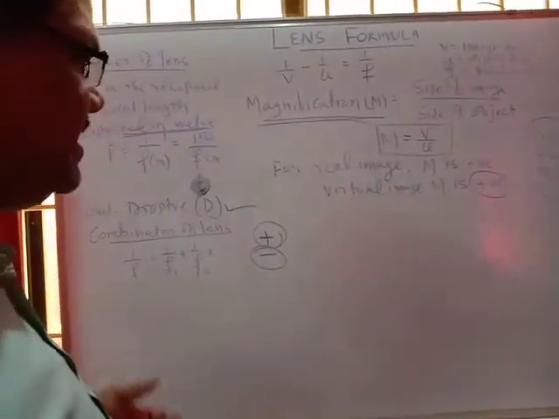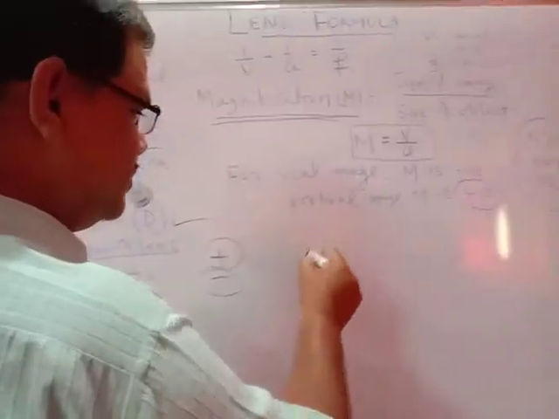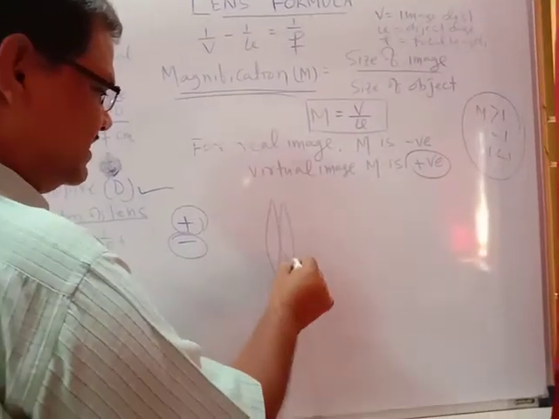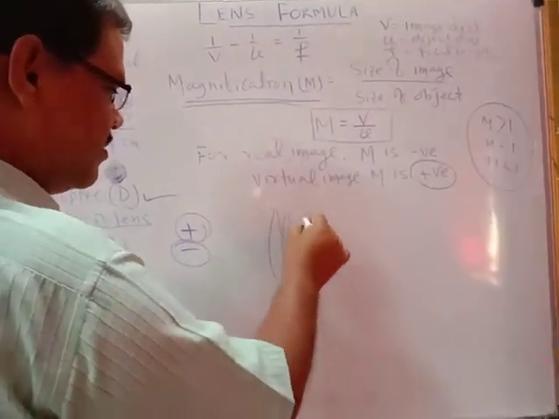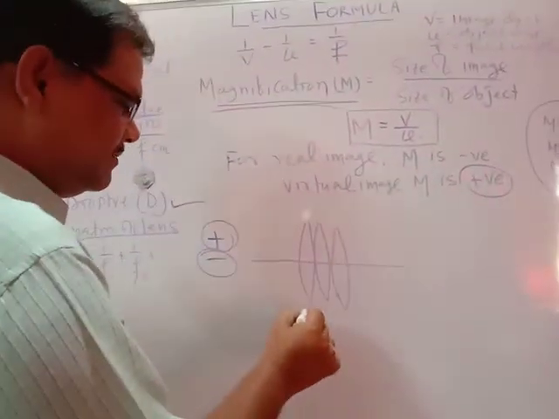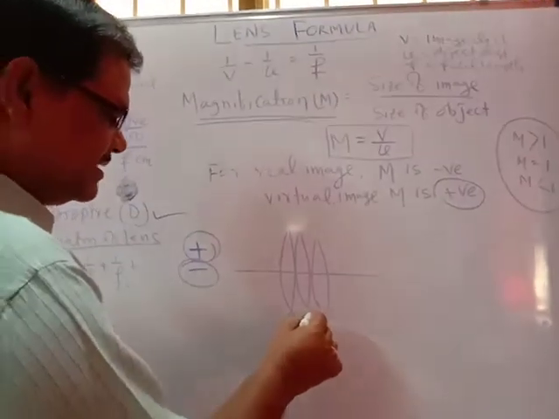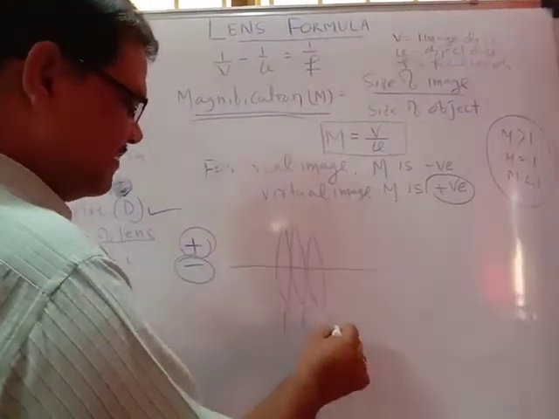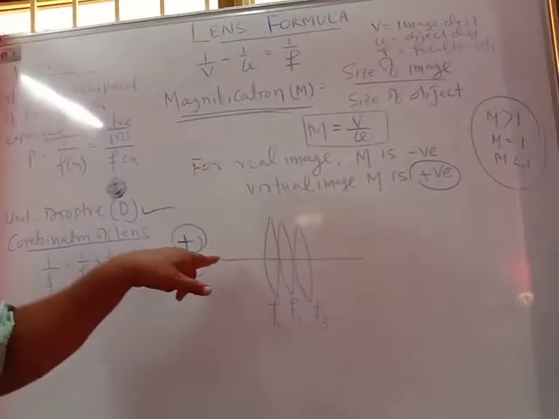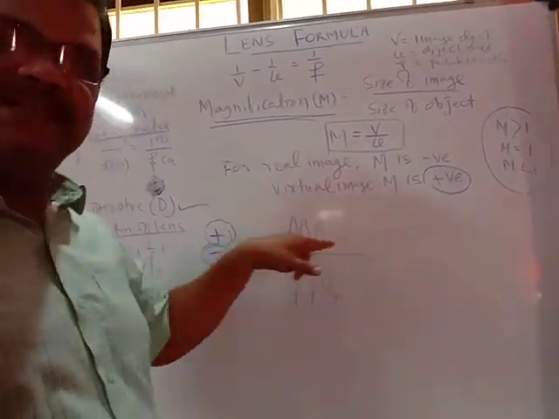Another thing is, suppose one lens is here like that, another lens is here, and they are combined together coaxially. The focal length of this lens is f1, this focal length is f2, this is f3. If they are combined together coaxially, the axis will be the same, one axis is there.